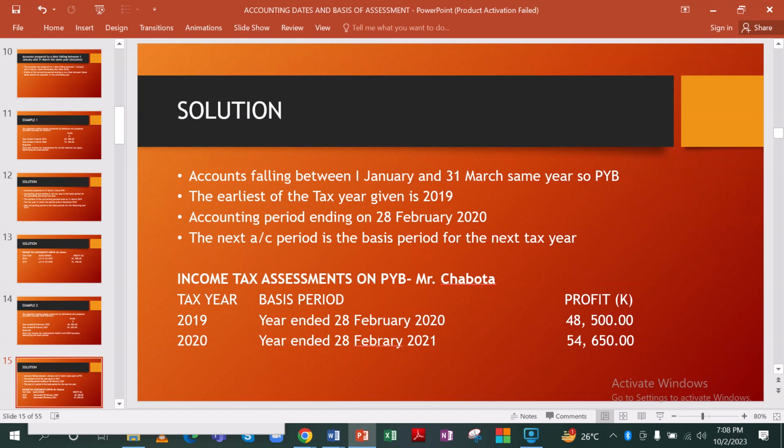Equally for that one, which is generated in 2021, since we are using preceding year basis, the tax year in which that income will be assessed is 2020. And that's how they will come up with this particular presentation.